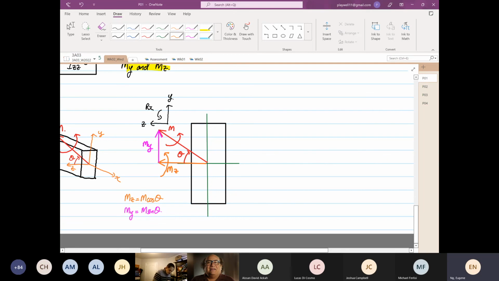So for Mz, over the head of the arrow over here, the Mz is in what? Compression. The tail end is what? Tensile. I don't want you to depend on the formula. You forget the formula, you are game over.